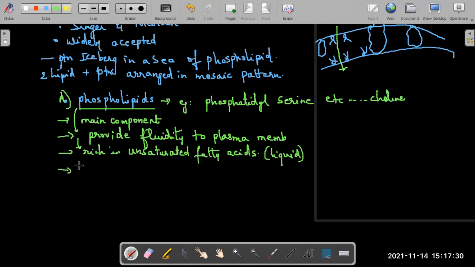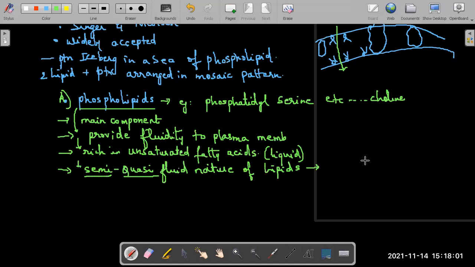Phospholipids basically have a semi-quasi fluid nature of lipids. It is not totally flexible, not like water. It is not totally fluidic, but semi-quasi, as we call it. That means they do restrict the movement of some molecules.